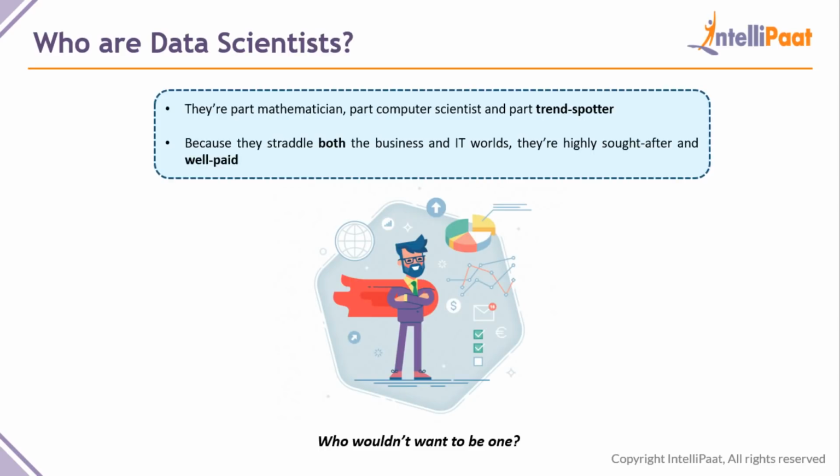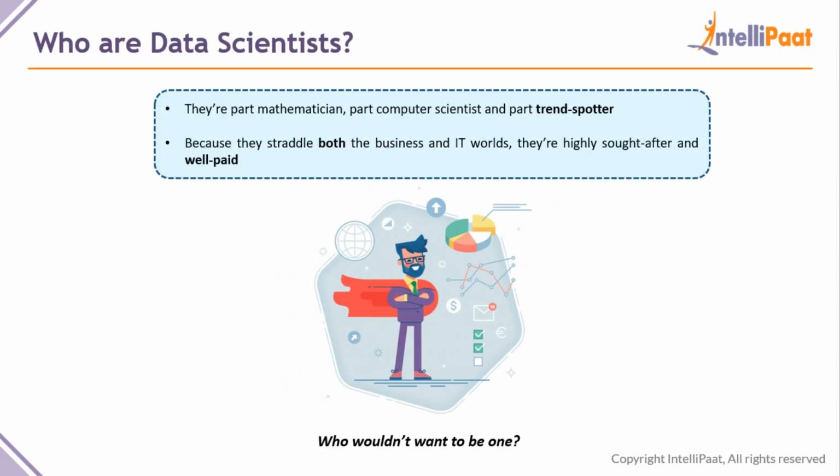So on that note, we need to quickly check out who data scientists are. A data scientist's role is something magical, something inspiring, and something very nice. Why do I say that? Well, because think about it. Data scientists are part mathematicians, part computer scientists, and part trend spotters as well. They're mathematicians because it involves a lot of mathematics and they need to play with a lot of numbers. Part computer scientists because, at the end of the day, their job is to use this mathematics in computer terms.